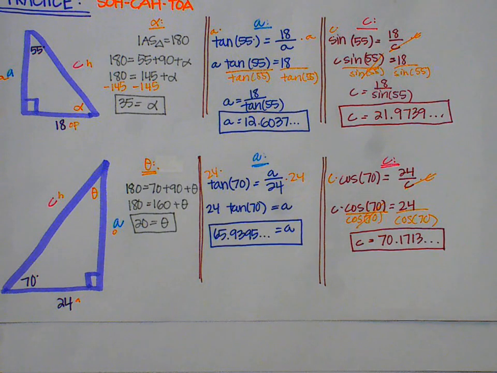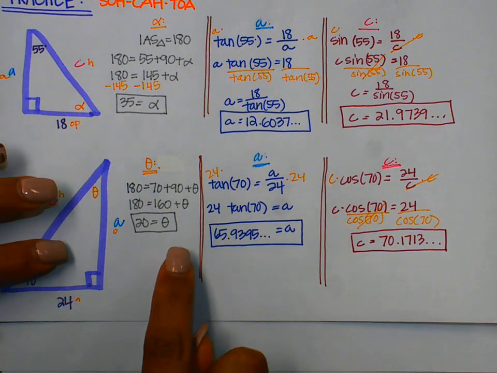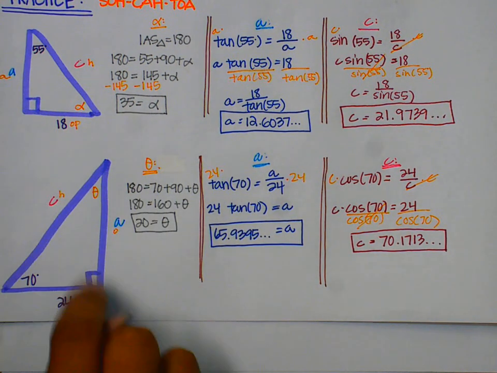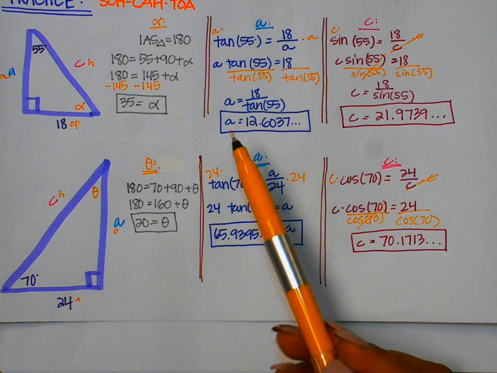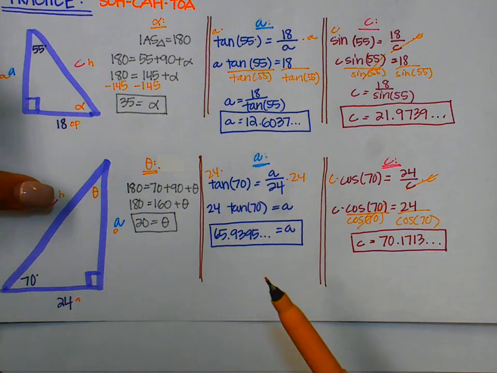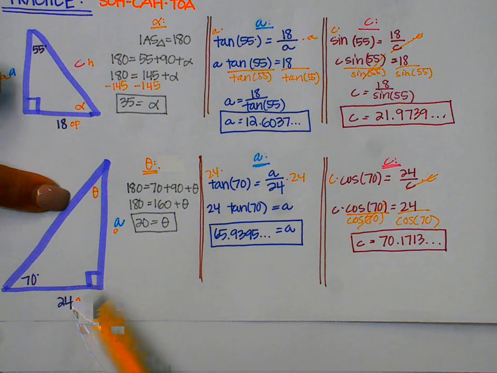All right, hopefully you were able to get through this on your own. If not, here is how I did it. Set each one, add them and set it equal to 180. I got that my theta was equal to 20. For A, I covered my C, so I had opposite and adjacent.